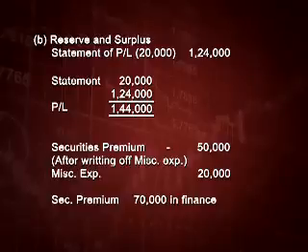After writing off 20,000, it is now 50,000. Now, what you have to do is show 70,000 as security premium in financing activity and nothing to be done for miscellaneous expenses, right? Because it has already been adjusted.